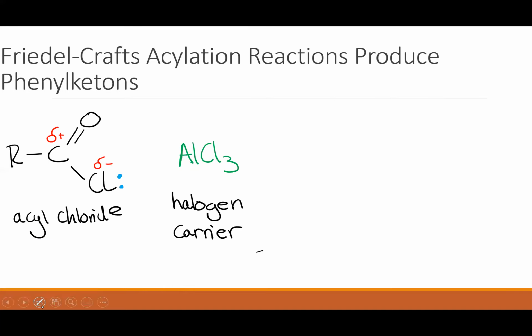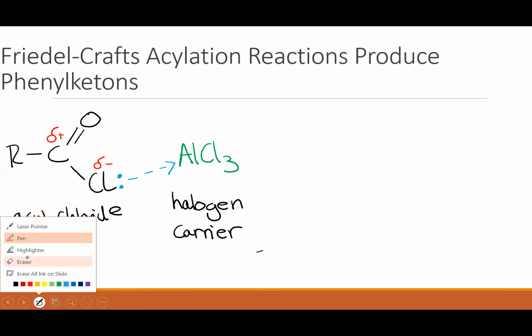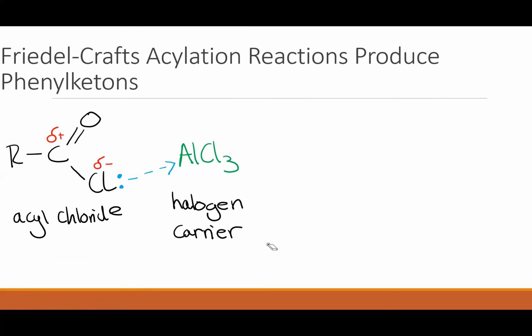So that's the first thing that happens. It accepts that lone pair of electrons. So these are going to go along to here. And as the lone pair of electrons is pulled away from the acyl chloride, the polarization in the acyl chloride increases.